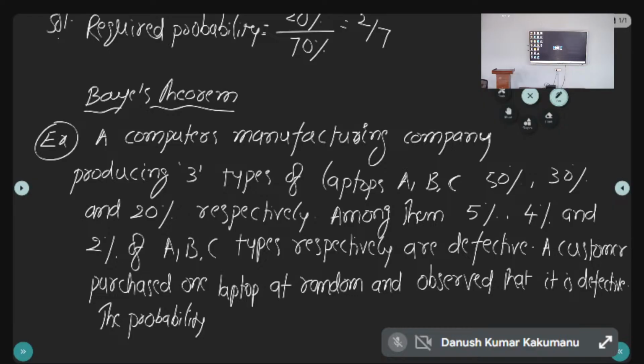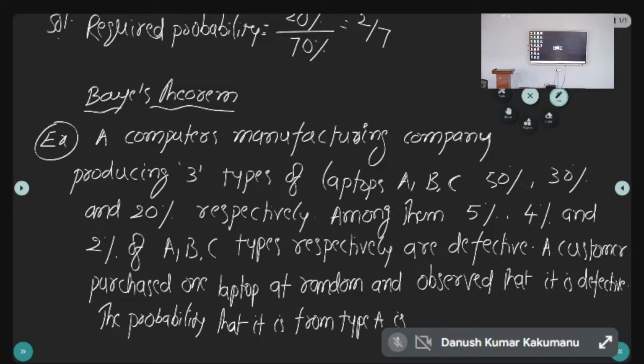The probability that it is from type A is, again observe carefully, conditional probability involved here. A customer purchased one laptop at random, tail end of the question you see, and observed that it is already defective. Means he observed by bad luck one defective piece he purchased. The probability that it is from type A.